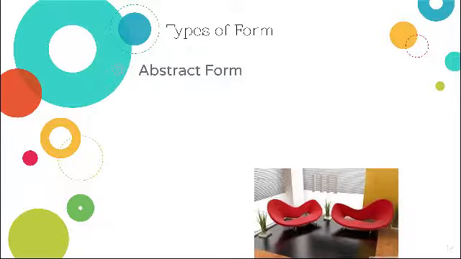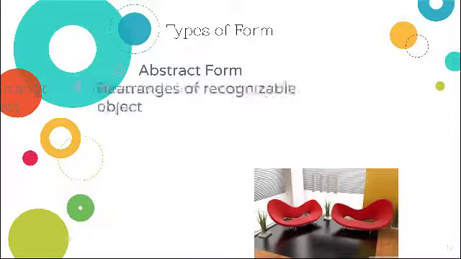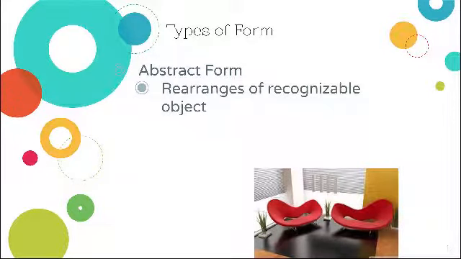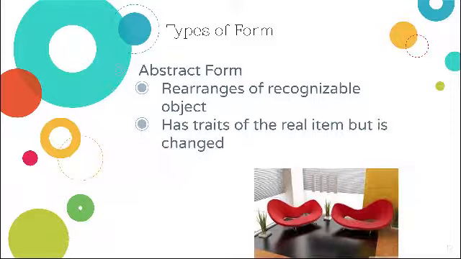Now, abstract, on the other hand, is going to take that recognizable object and reformat it. It's going to rearrange it. In the picture, you've got two couches. They're not the traditional couch look. They've been rearranged, and it's almost like a jelly bean type shape to the outside of it. You know it's a couch because you can tell there's the seat for the seating area.